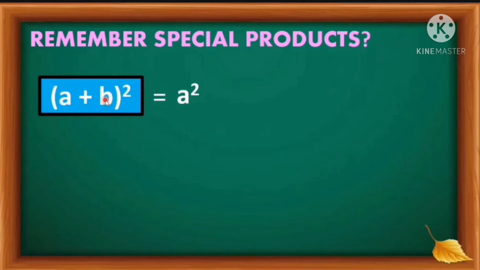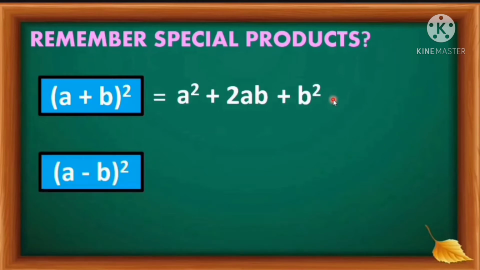So a times b, that would be ab, times 2, that would be 2ab. Positive because both of them are positive. Next is the square of the second term, or square of b, that would be b squared. So we have a squared plus 2ab plus b squared.